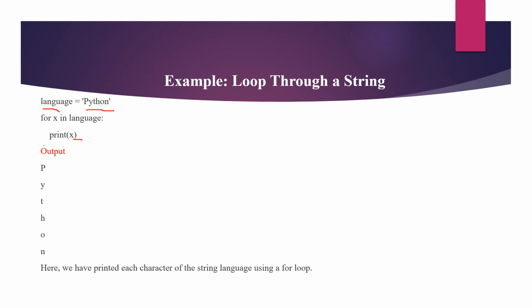First it checks P, then it returns Y, T, H, and so on. It will iterate over each item. Once it reaches the end, N, it will stop and terminate the loop. Okay, this is how a Python loop works.